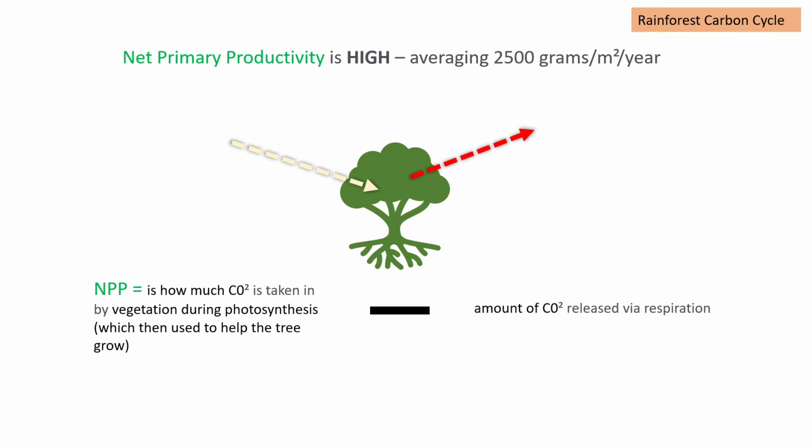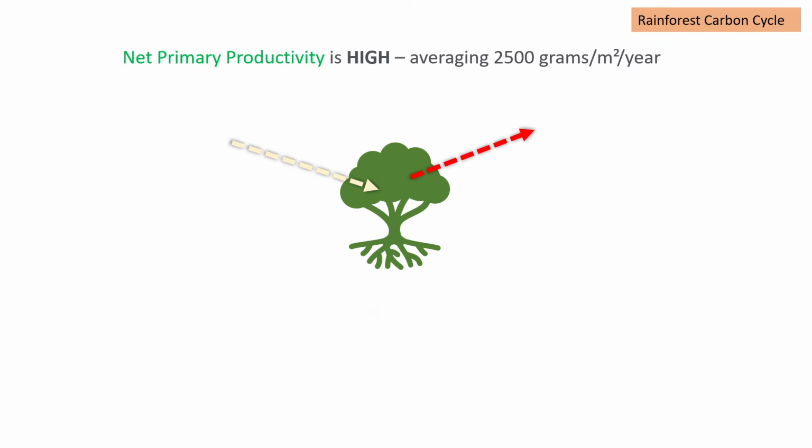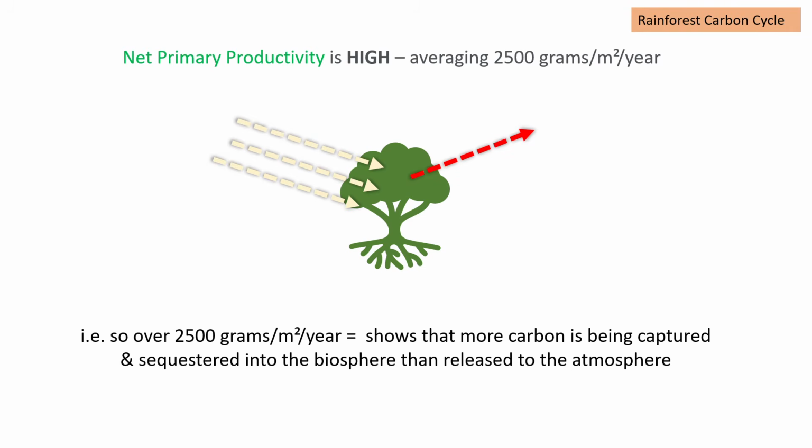So with a figure like 2,500, that tells me that more carbon is going into the tree and being captured and sequestered in the branches and stems and the rest of the tree than is actually going back through the cycling process into the atmosphere. So 2,500 grams is a lot.